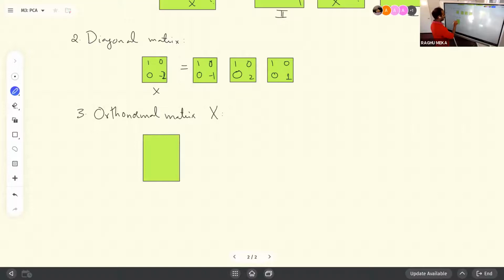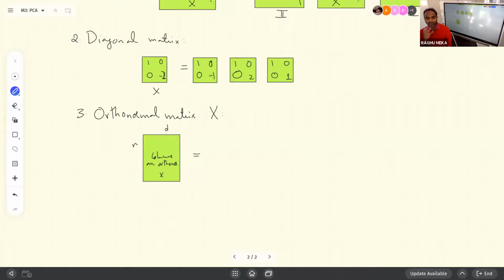Right, so it's an n by d matrix, but the columns are orthonormal. So what would be an SVD for this matrix?